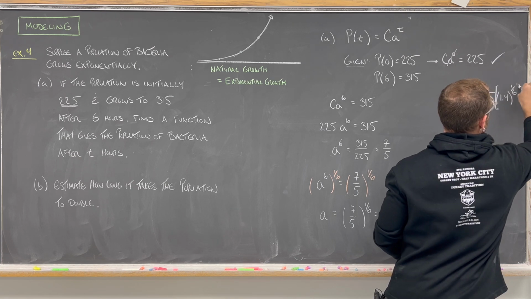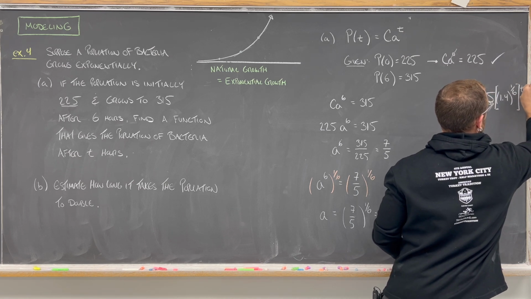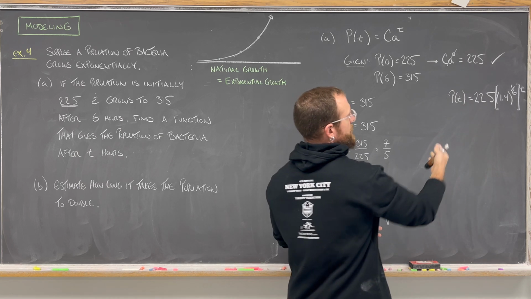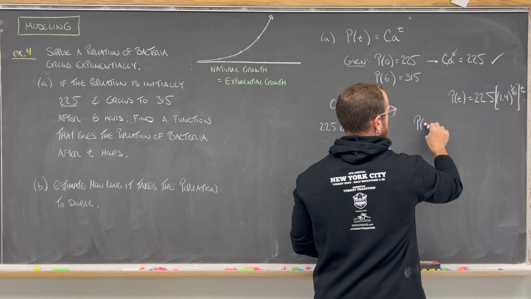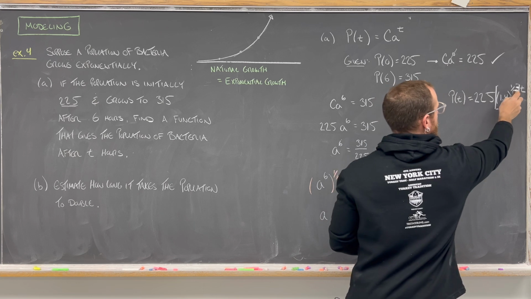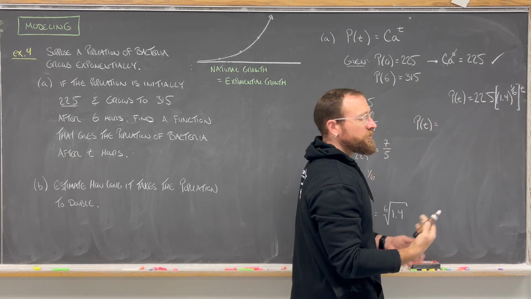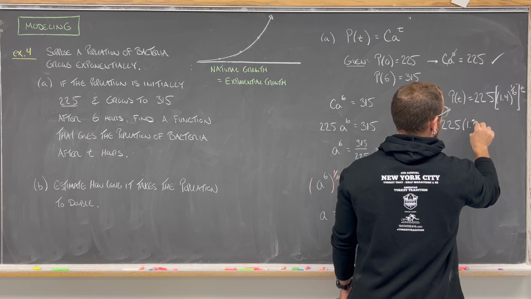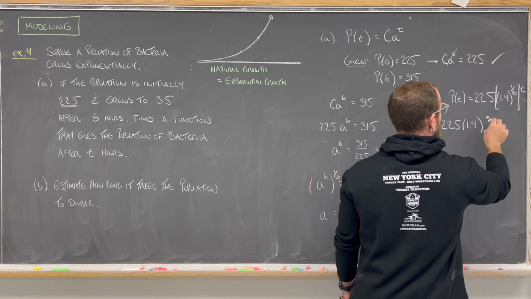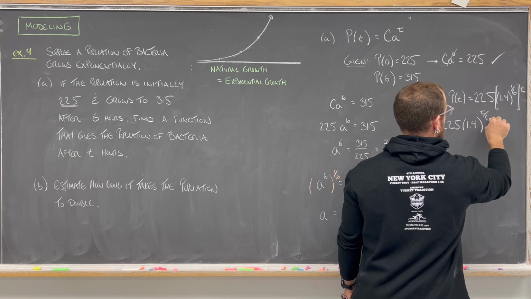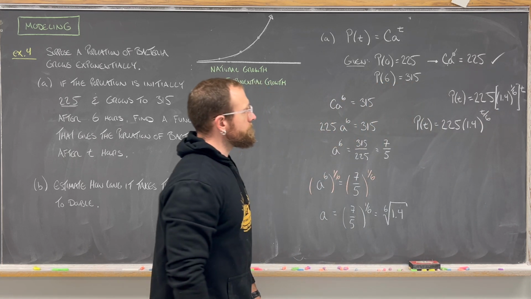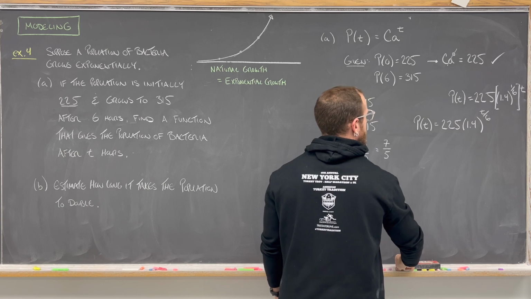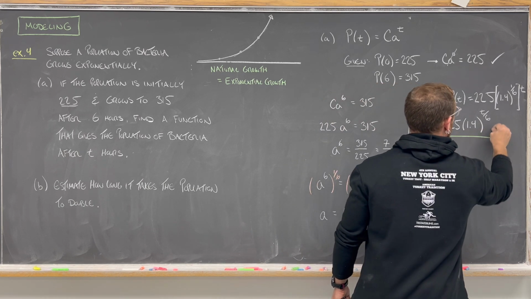So that's the base, and we're raising that to the power t. That's a little unnecessarily complicated. I think I could write that a little bit nicer by just acknowledging that the nested exponents should multiply together. So I get 225 times 1.4 to the power t over 6. All right, so that answers the first question. That is my model.